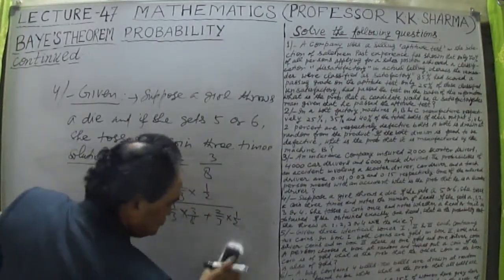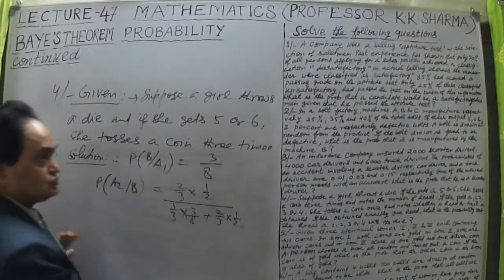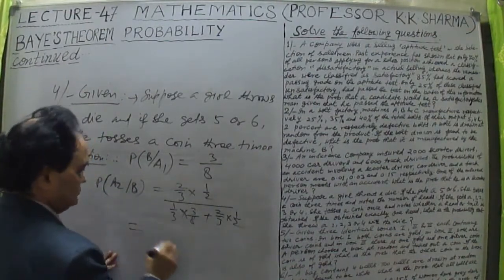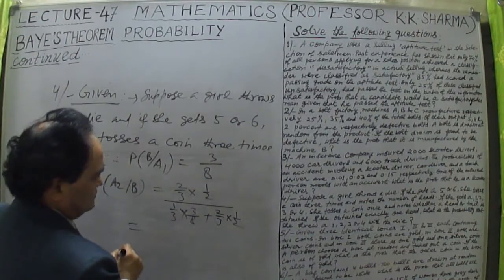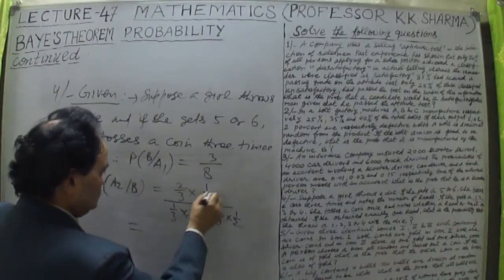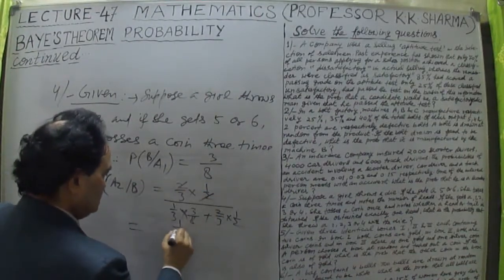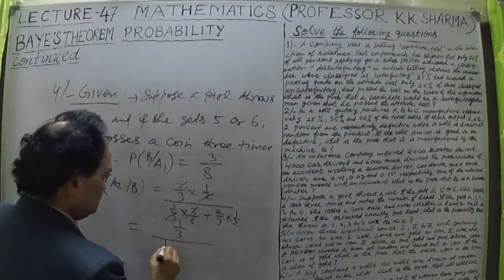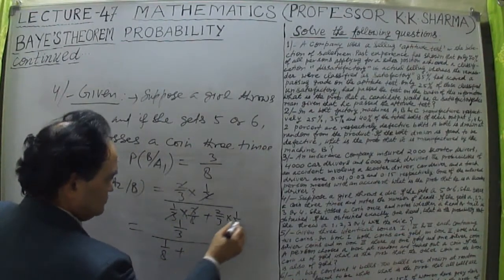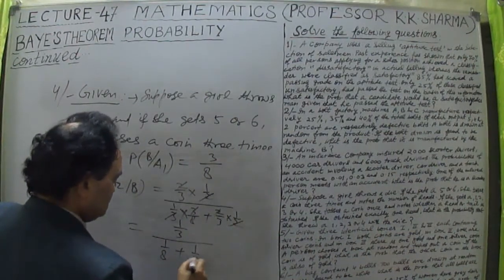So finally, what do we get? Here, 2 upon 3 into 1 upon 2, the 2 cancels out, so 1 upon 3 in the numerator. Divided by 1 upon 8 plus, the 2 cancels out, 1 upon 3 only.